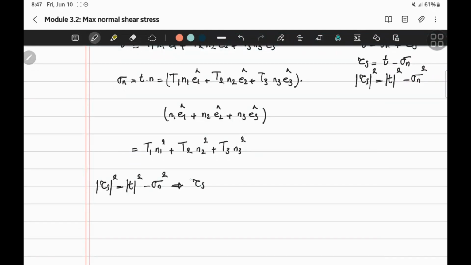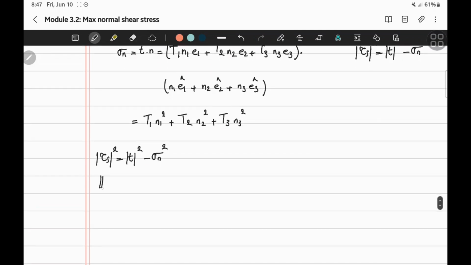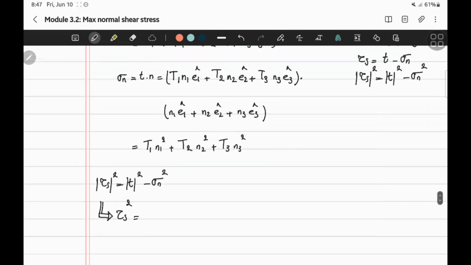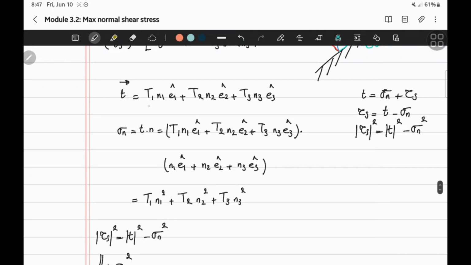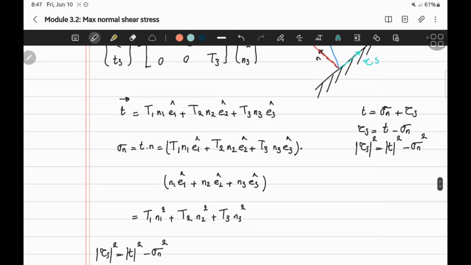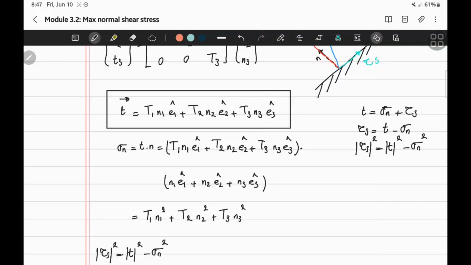then we get tau s squared, or let me write it down in here. So tau s squared is equal to T squared, so each element should be squared. So let me just draw a line around this, as well as this one. So this is sigma n.